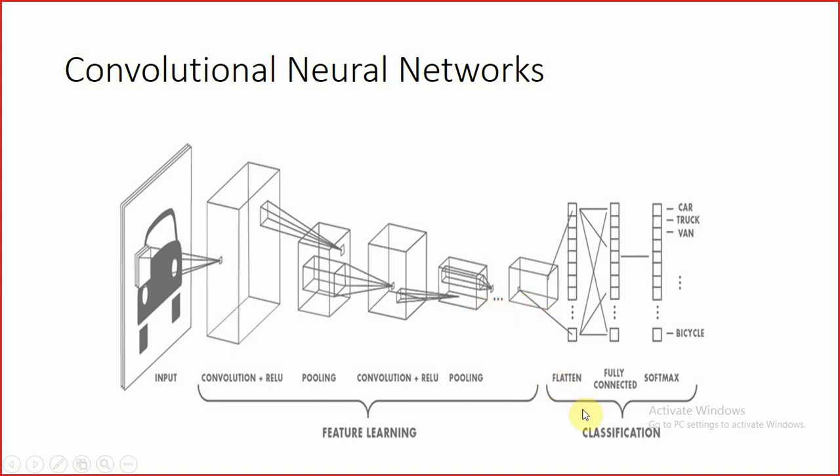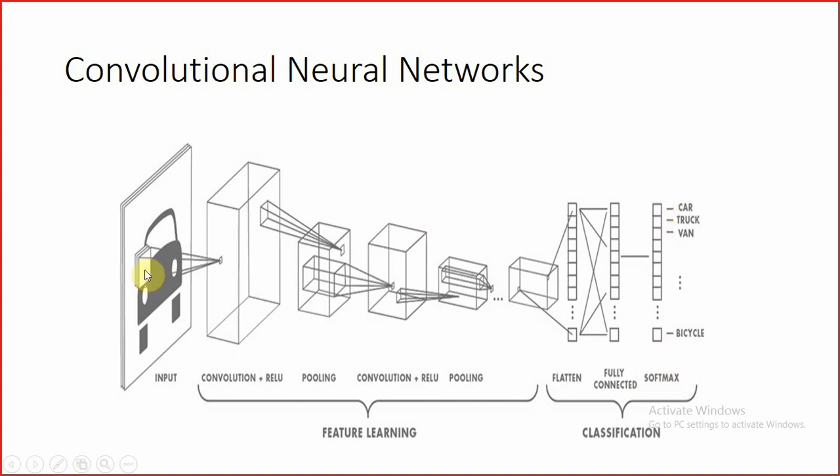Finally, we should give it to the classification part of the CNN. In the classification, the last extracted feature map will be flattened. We convert it to the linear version, and then there is a fully connected or multi-layer perceptron here, and finally we have the output layer, and the activation function for these neurons is softmax.